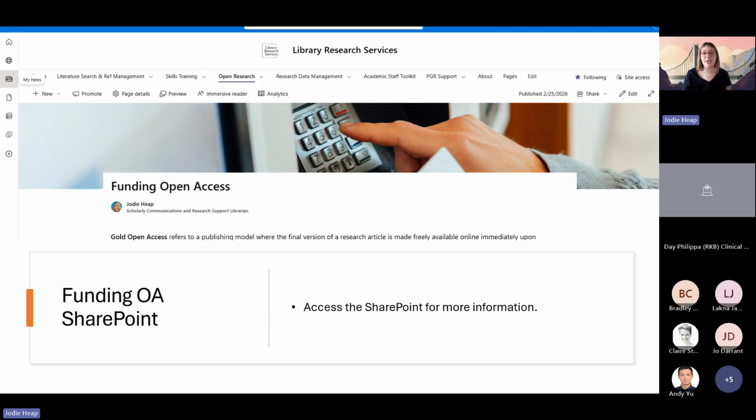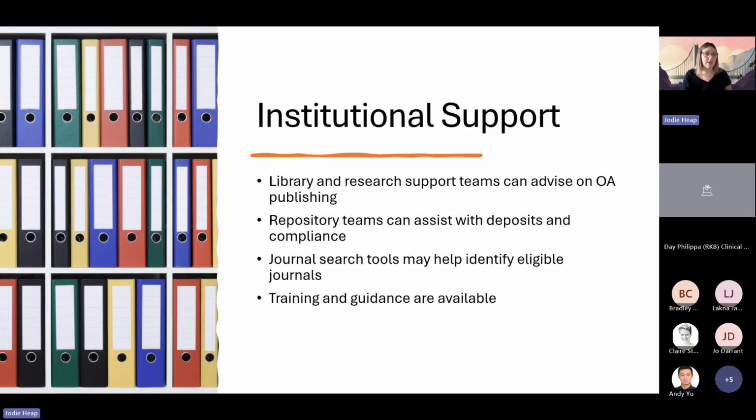If you would like more information, you can go to Library Research Services SharePoint, and specifically we have a page on funding open access, which covers all of the information that I've mentioned here, and also goes into things like if you are UKRI funded, we do have a UKRI grant funding pot to support gold level open access if there is not another way to achieve open access for your particular circumstances.